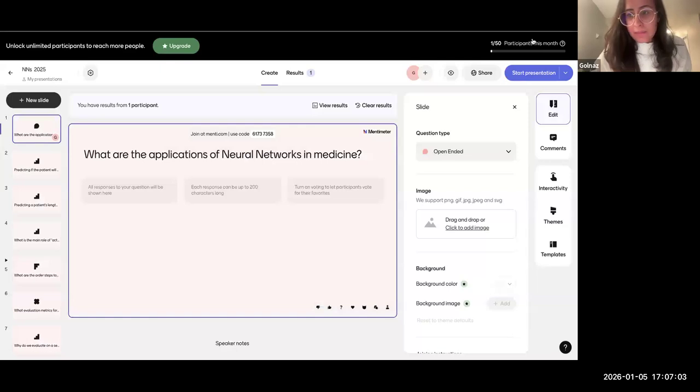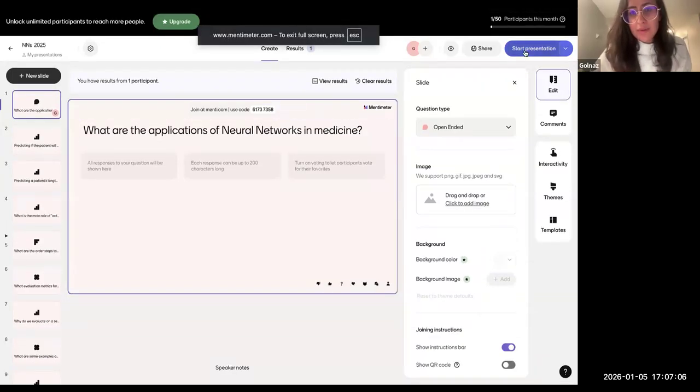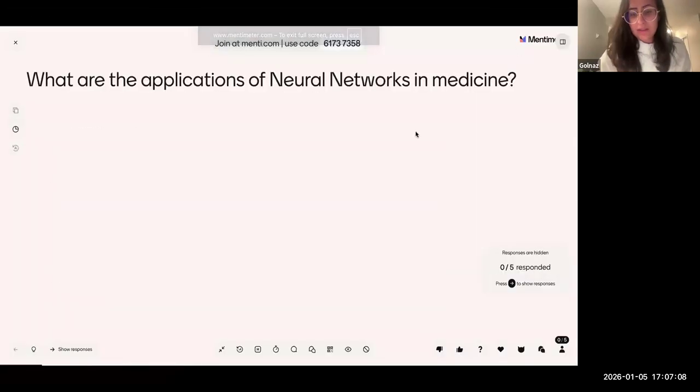And so what I want to start with as the first question is, what do you think are the applications of neural networks in medicine? It can be either what you've heard in your other courses or in the news or wherever, the buzzword neural networks you've heard. Let's talk about that and start from there.